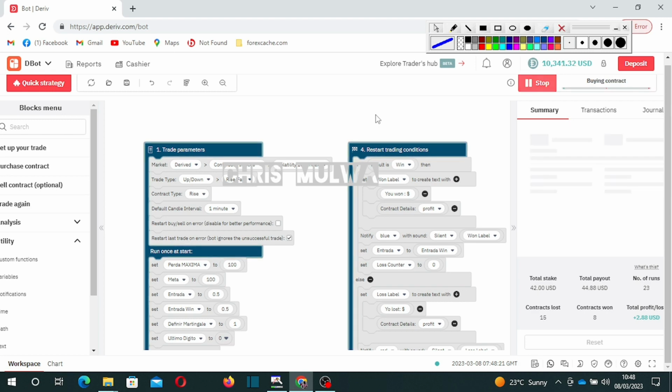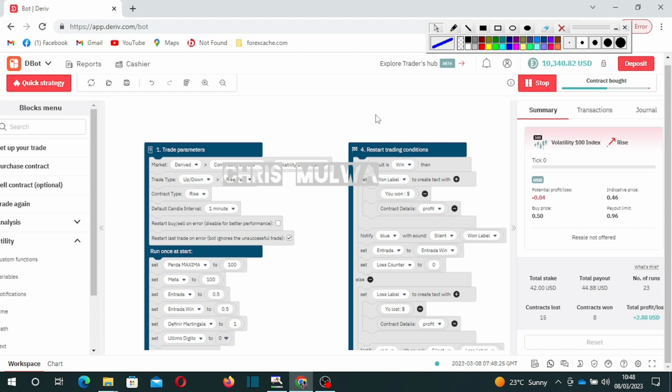It does not want to make loss, but it's a very well designed bot. It's a very well designed bot. 100 blocks is not a joke. Yeah, we are moving, $3, you see.